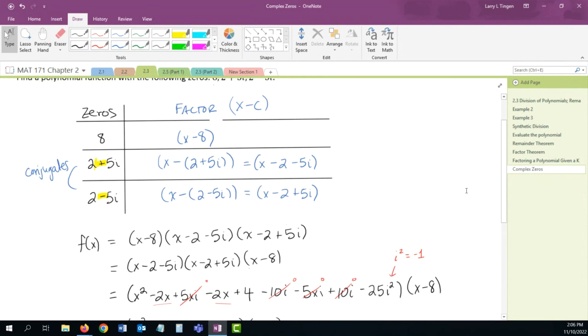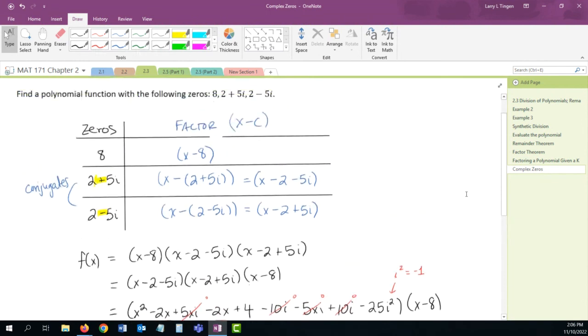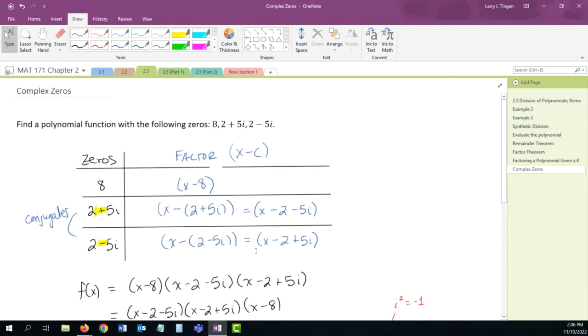Multiplying those out is something you should already know how to do. So the only new part of that last problem is, if this is a 0, this is a factor. That's the only new thing in this section. So don't let it overwhelm you. Don't think that there's so much more material in here, that you're having to do so much work. No, it's old math. It's just a lot of old math.